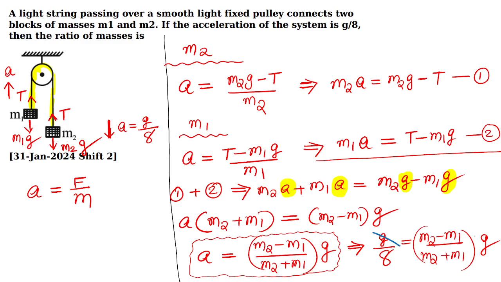I can cancel g on both sides. In 2 or 3 steps we will get the answer. Please write down till this step. If you are finished and 100% clear, please raise your hand.